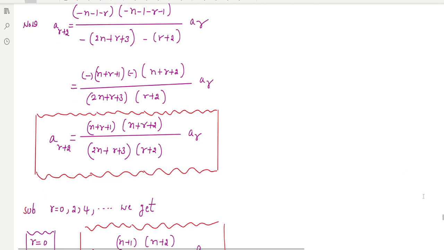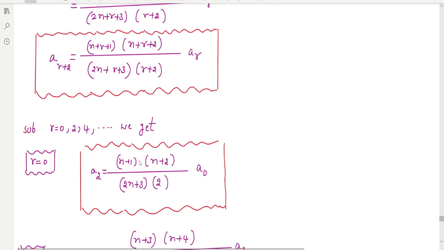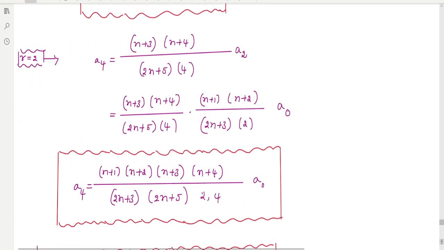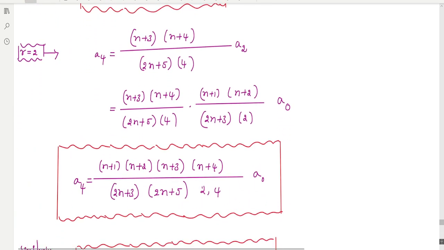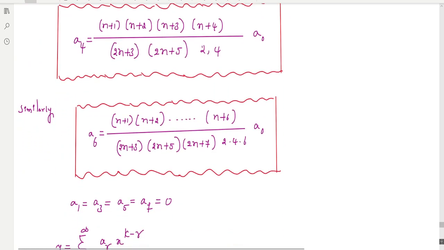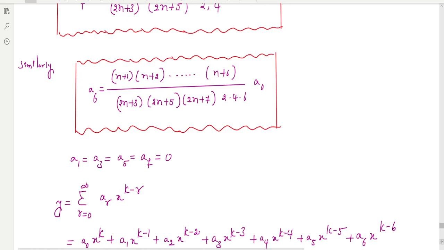Okay, second case also. Again, if you substitute r is equal to 0, 1, 2, 3, 4, you will get this equation. Substitute here r is equal to 0, you will get a2, and if you substitute the next value of r, you will get a4, similarly a6. Okay, we already know the a1, a3, a5 values, that is 0, no need to calculate again.